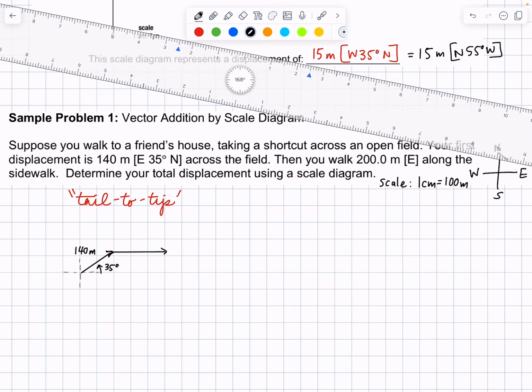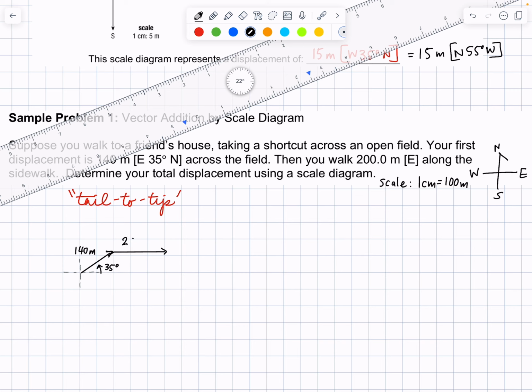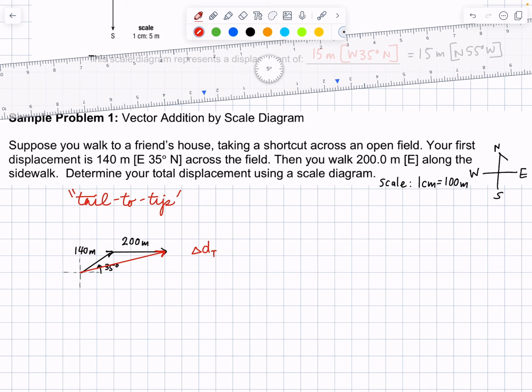Once you've drawn your second vector and you've added it tail to tip, you can find your answer by joining the tail of the first vector to the tip of the last vector. This would be your answer. This red line represents your total displacement.